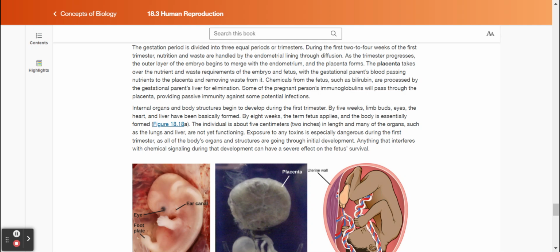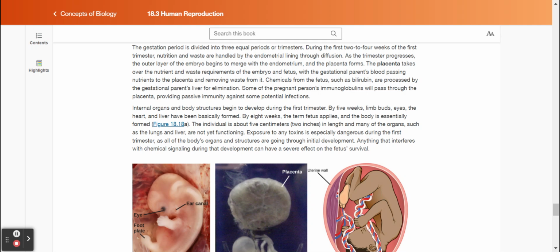During the first 2 to 4 weeks of the first trimester, nutrition and waste are handled by the endometrial lining through diffusion. As the trimester progresses, the outer layer of the embryo begins to merge with the endometrium, and the placenta forms.